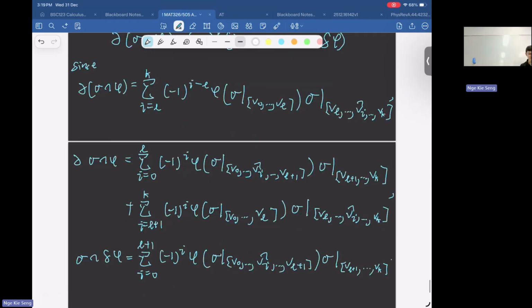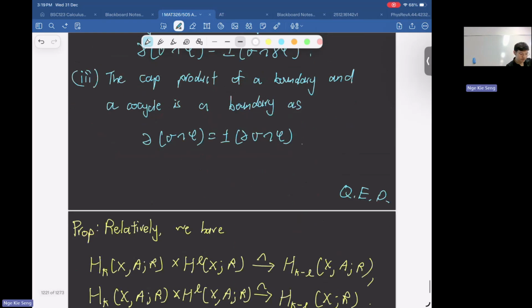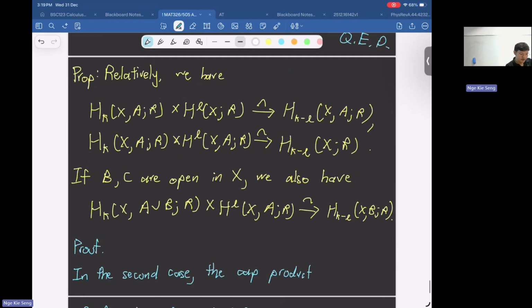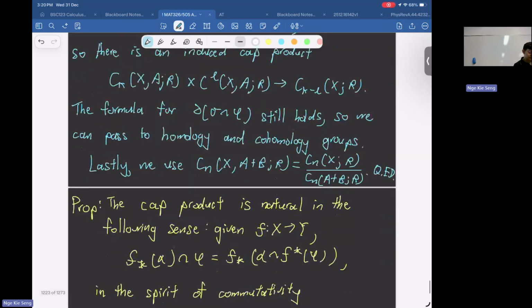But to prove this is just to calculate what things get cancelled. That's it. Make sure that you know what to cancel. And we also have this cap product between relative and absolute homology or cohomology, very similar to the cap product.